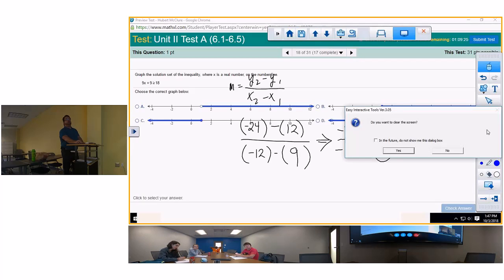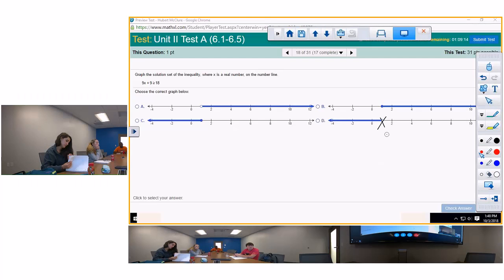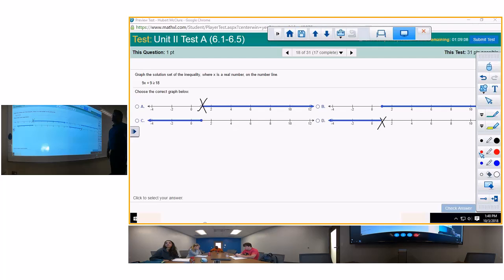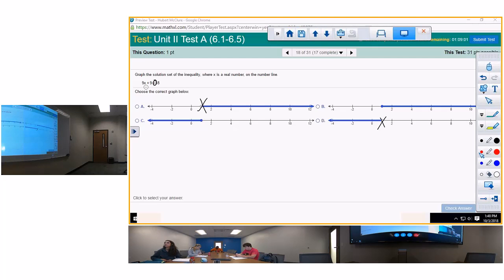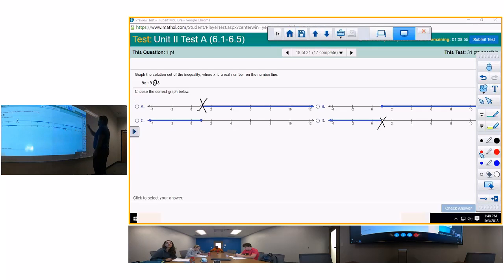In other words, somebody tell me which one is not the answer. Two of them are not the answer. A and D. Good. So even if you don't have a clue what's going on, you can at least take off two of the questions by looking at the inequality to tell you which circle to use.